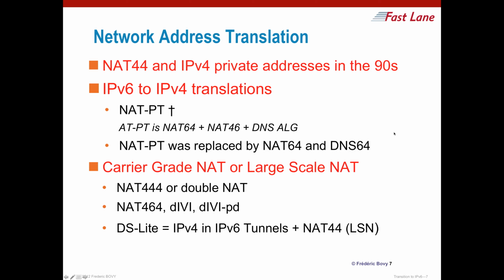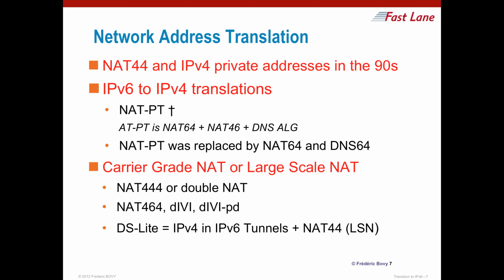The first tools which were used for helping the transition were network address translation protocols, and NAT 4.4 and IPv4 private addresses in the 90s was the very first example. Some people think that NAT is an IP feature which was there since day one for IPv4, but actually NAT was only a workaround to deal with address depletion.